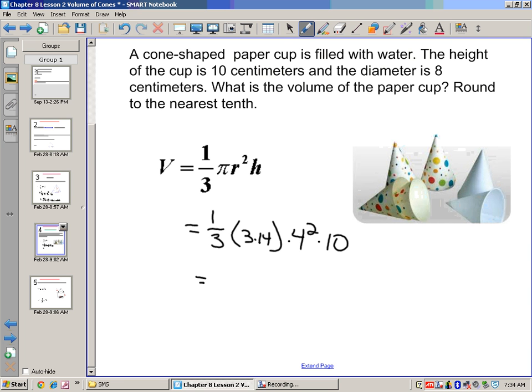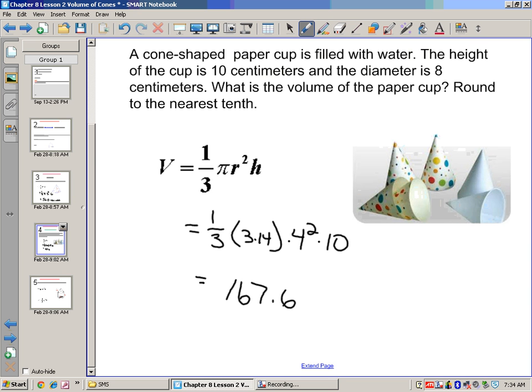We do 1/3 times 3.14 times 4 squared times 10. And you are going to get about 167.6.